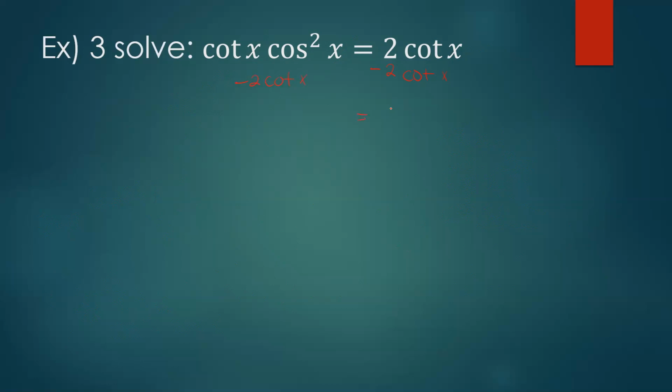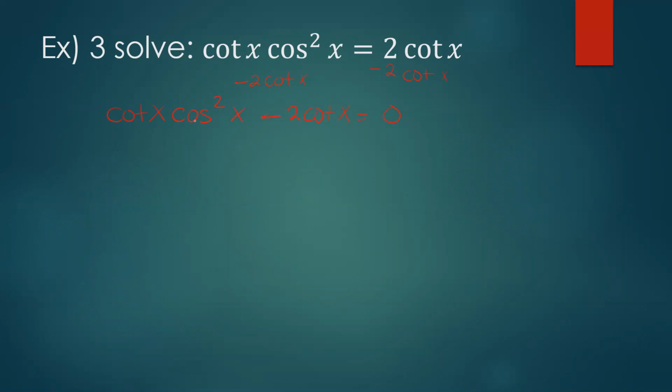So this becomes 0. And then over here, you're left with cotan x cosine square x minus 2 cotan x, right? Okay, so what would I do next?